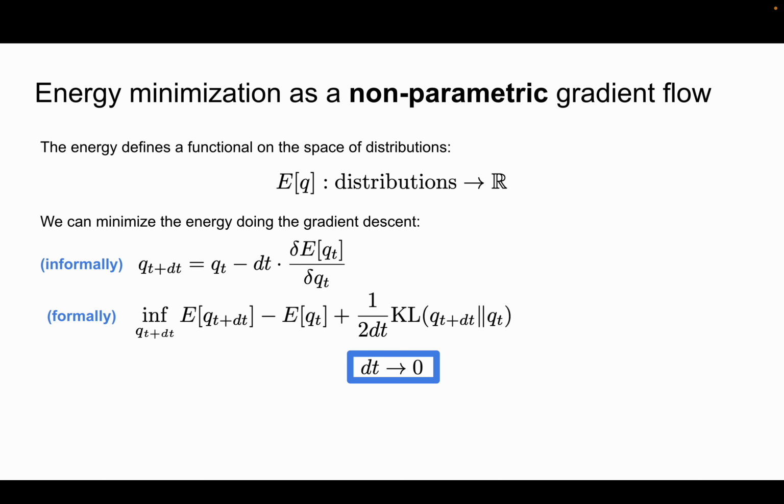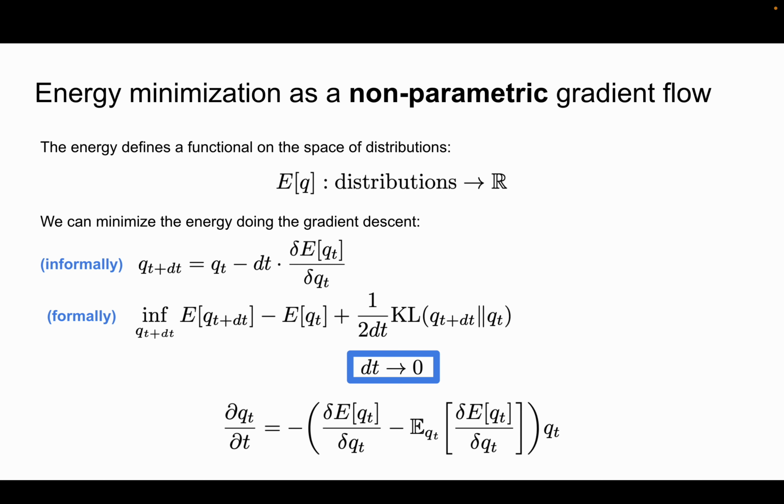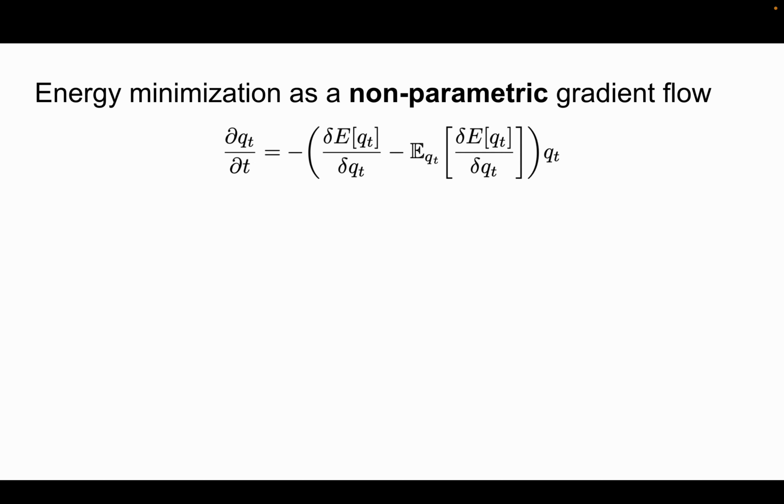Once we take the limit of dt going to 0, we arrive at the following partial differential equation. This partial differential equation describes the evolution of the density, minimizing the energy functional. However, I would like to show you some intuition.